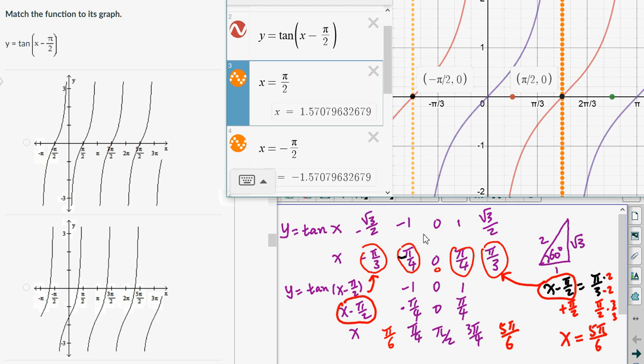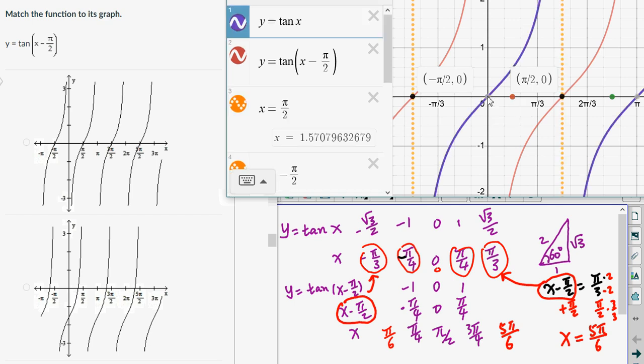You'll have a tangent value like this. When x is 0, the tangent value is 0. That's why we have this point on the graph. So when x is pi over 4, tangent pi over 4 is 1.